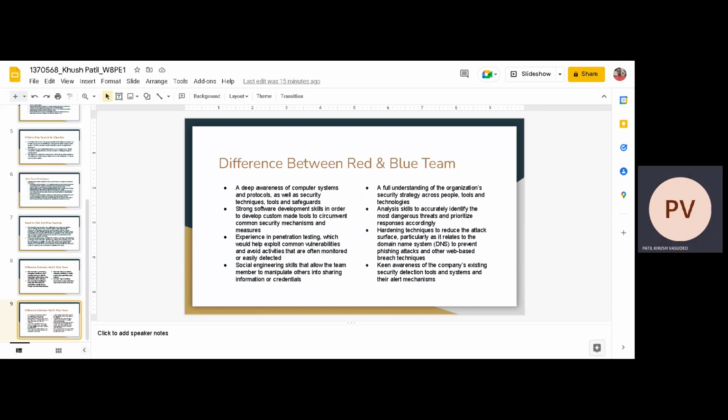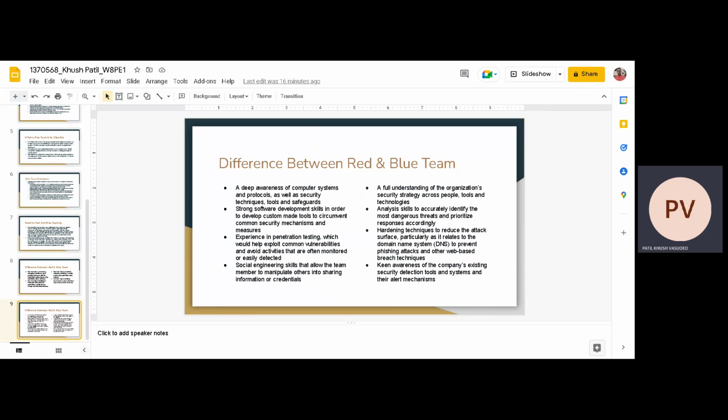A red team requires a huge skill set, along with the blue teams also. A red team requires a deep awareness of computer systems, protocols, security techniques, tools, and safeguards in the system. They require strong software development skills in order to make new custom tools to circumvent common security mechanisms.